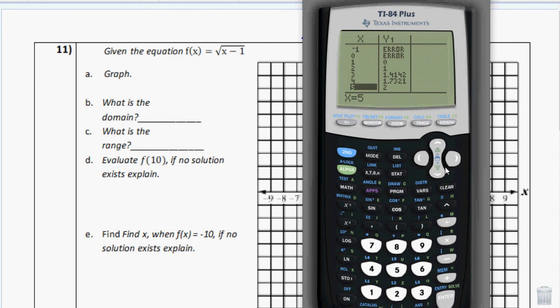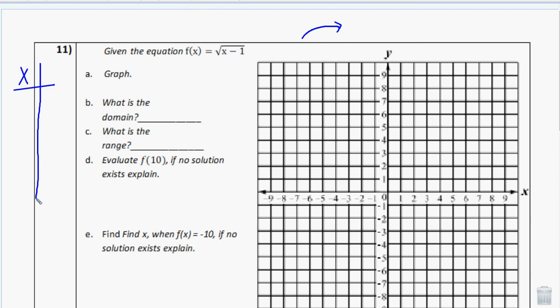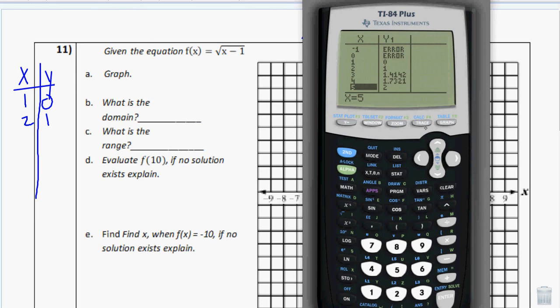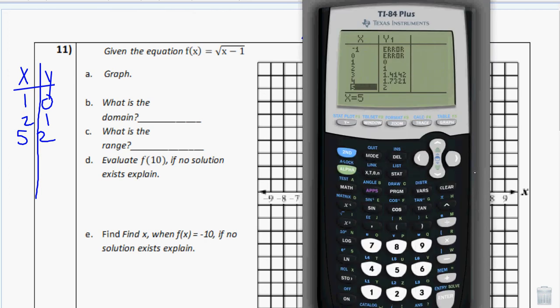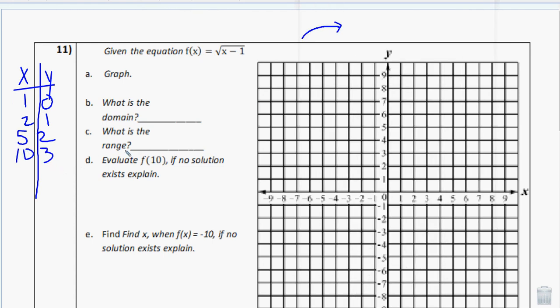So 1, 0, 2, 1, 5, 2, and 10, 3. And I'm probably done.